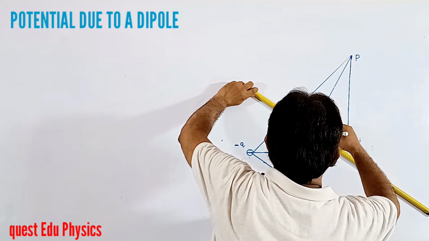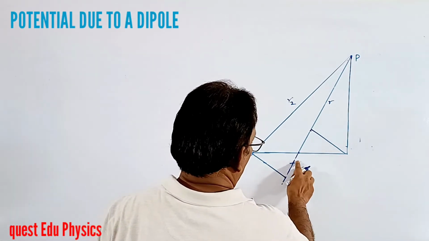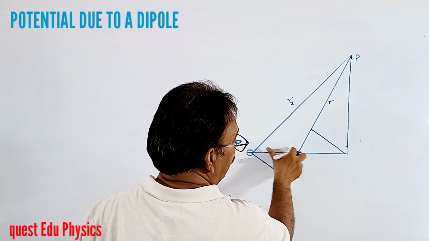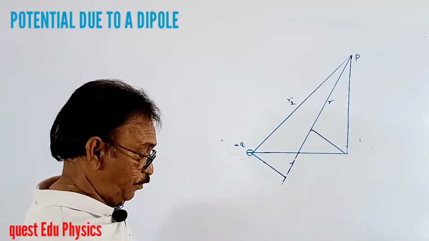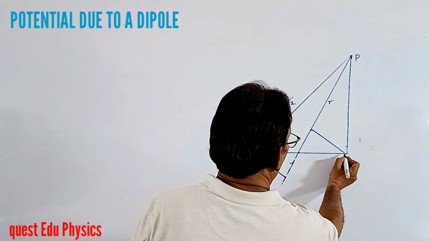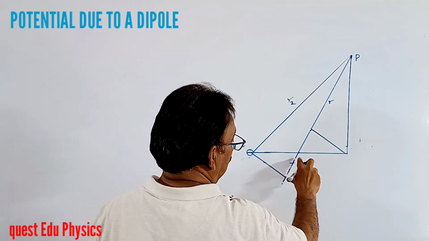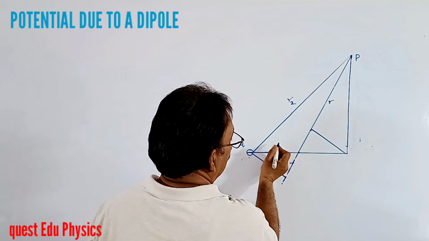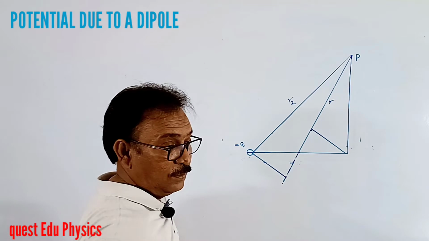I'm trying to draw similar triangles here. First, students, if you watch carefully, this distance is equal to this one. Then I have to find this distance as well as this distance, students. See, this is higher than this.